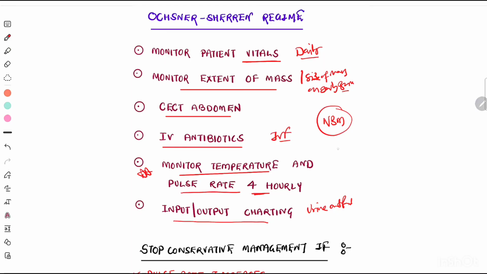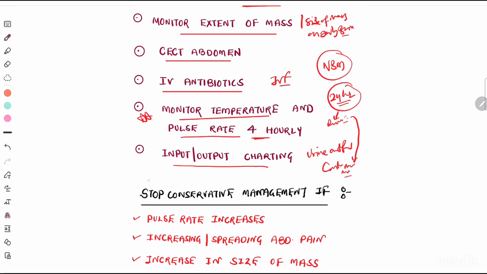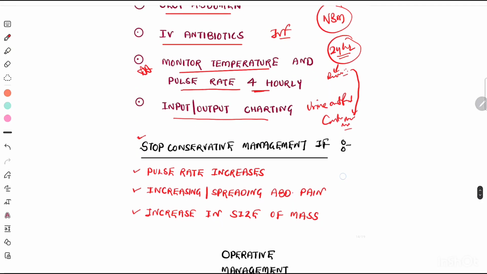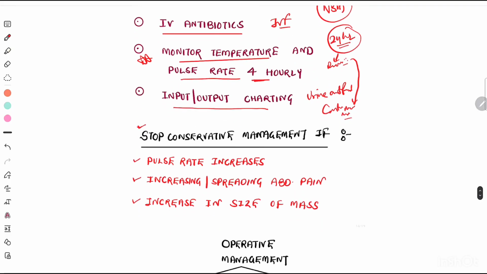If the mass resolves within 24 hours, or resolution starts within 24 hours, we continue the medical management. We stop this conservative management when any one of the following is present: if the pulse rate increases, if there is increasing or spreading abdominal pain, or if there is increase in size of the mass after the medical management.